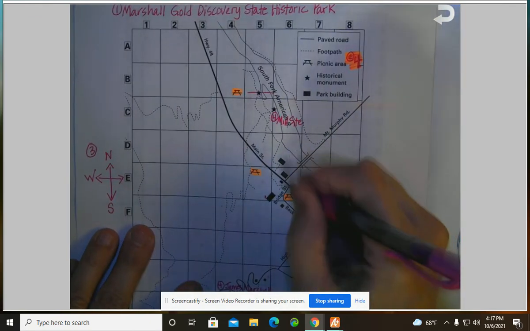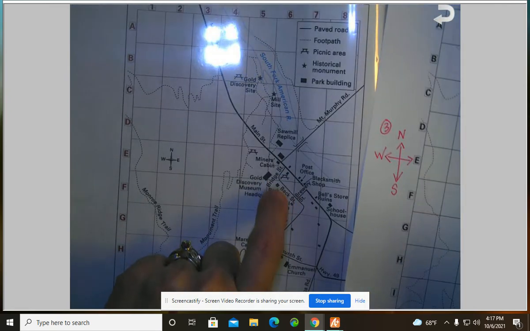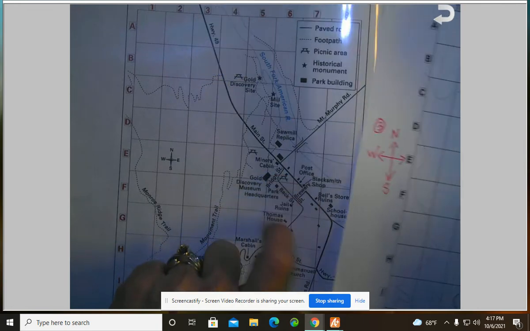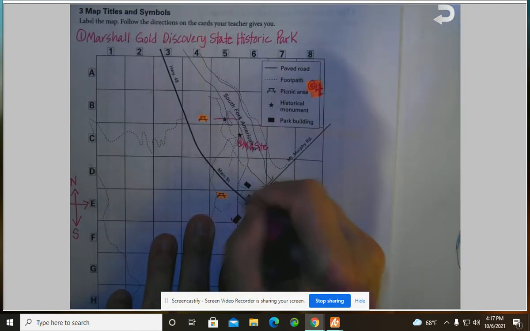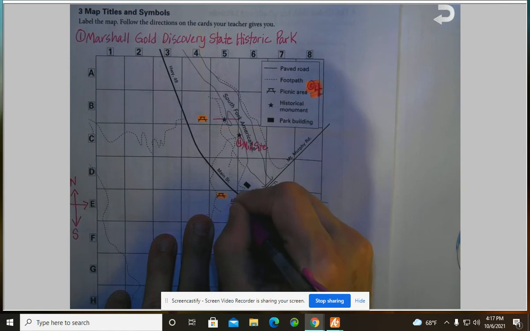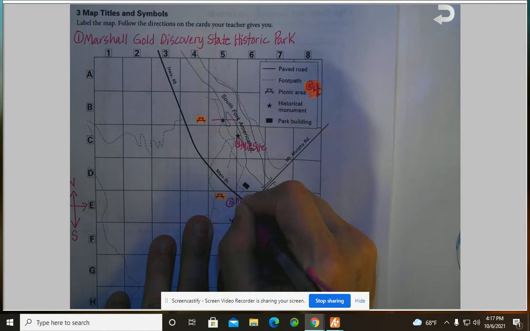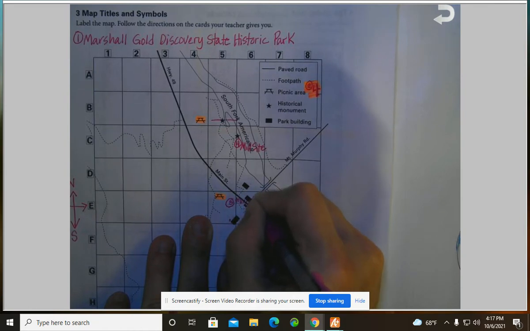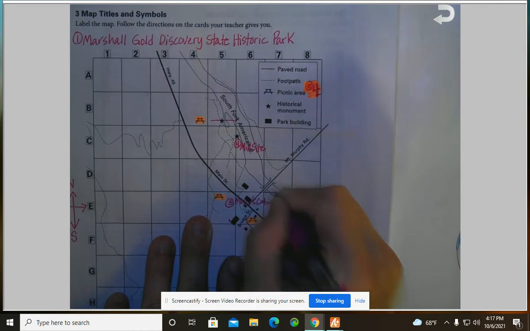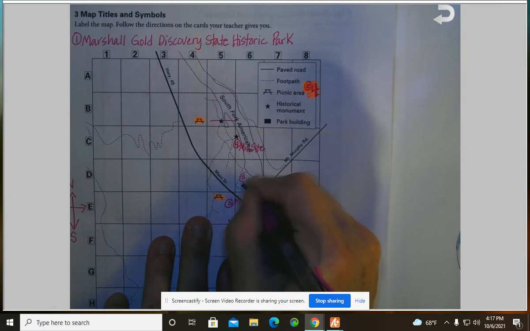So it's going to be these directly. So we have the miner's cabin, and the sawmill replica.